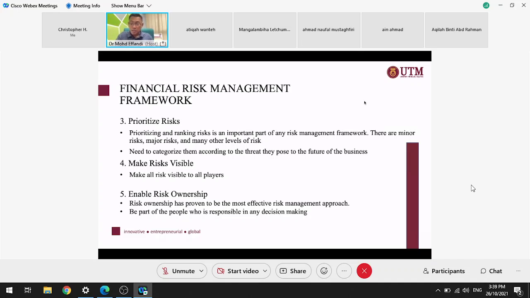The financial bubble burst. And then the last one is enabling risk ownership. Risk ownership has proven to be the most effective risk management. Be part of the people who are responsible in any decision making. You have to be involved in this.